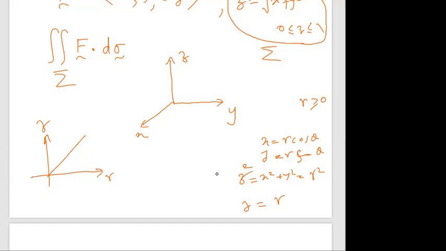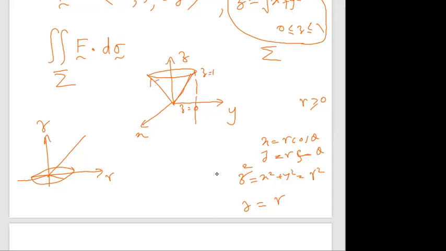So we know that this has a circular cross-section, because you are considering R cos theta, so you get this geometry. This is a cone, between Z equals 0 and Z equals 1, and this is the projection.